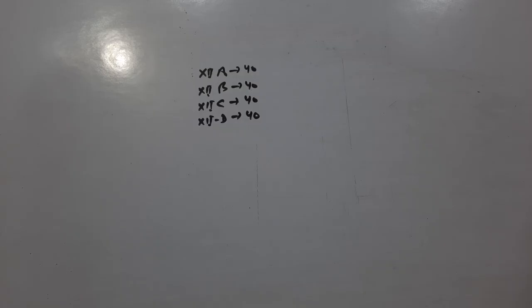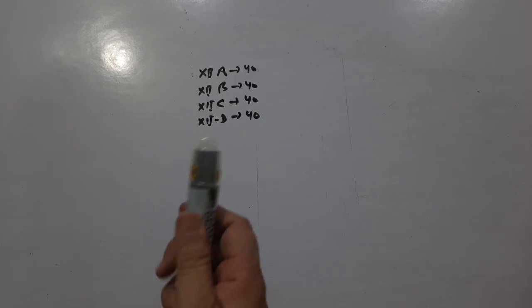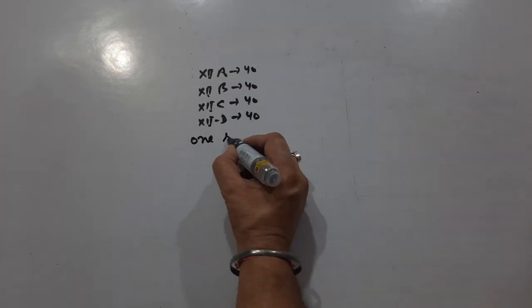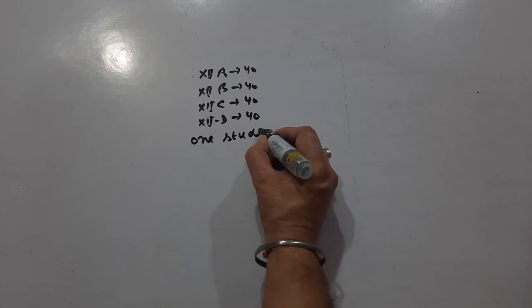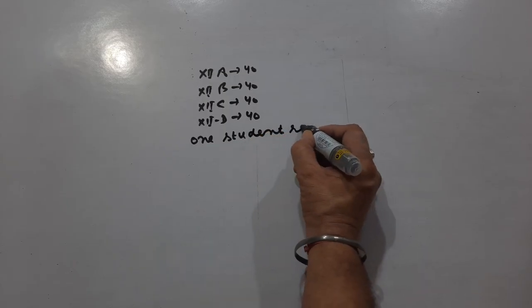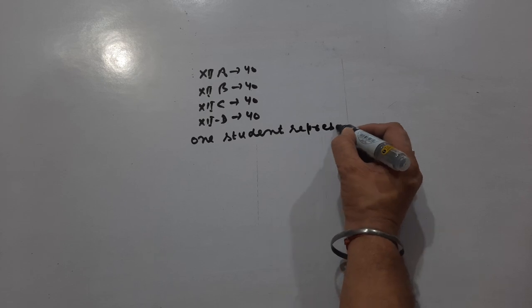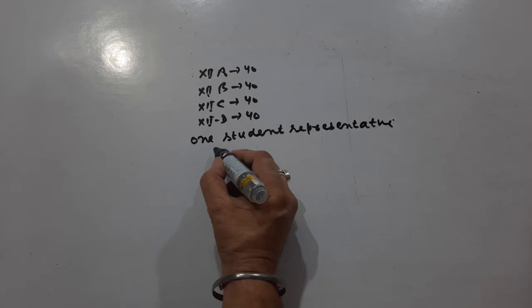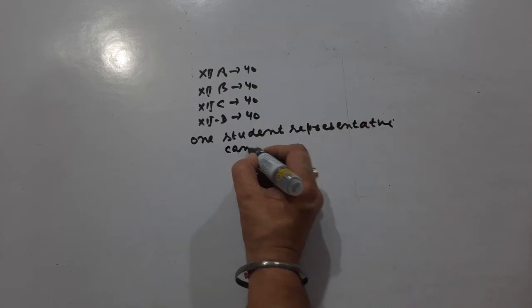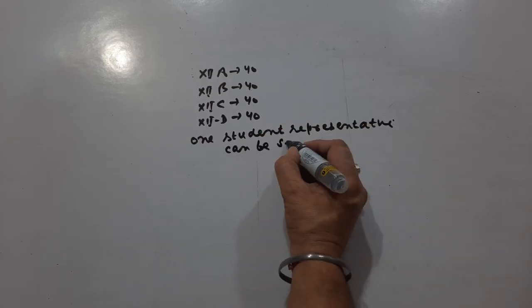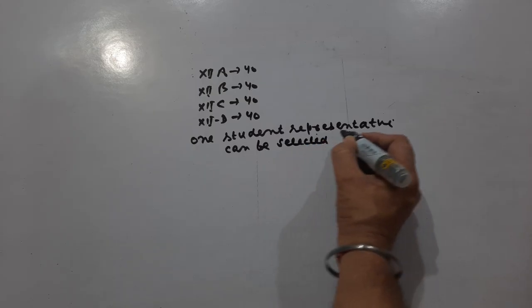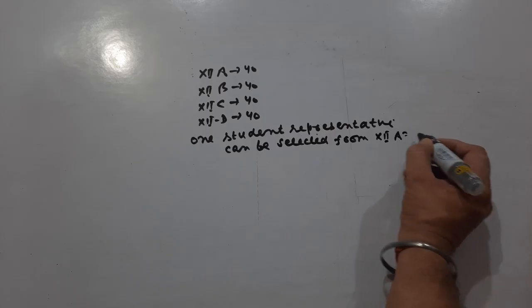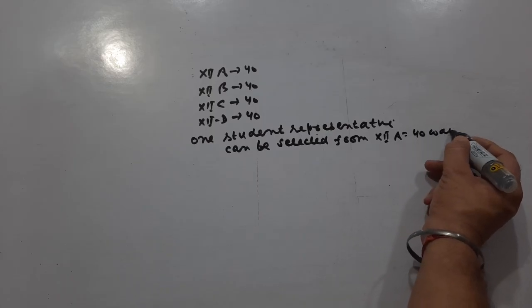So it means one student representative can be selected from plus 2a in 40 ways.